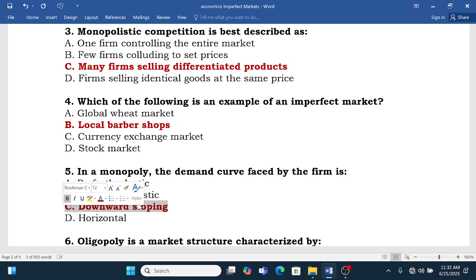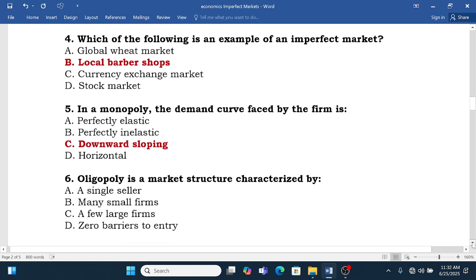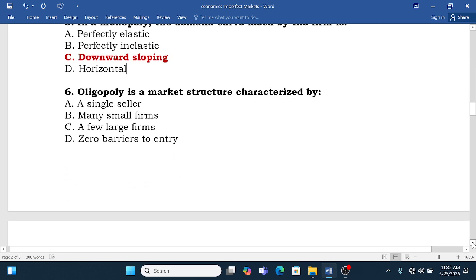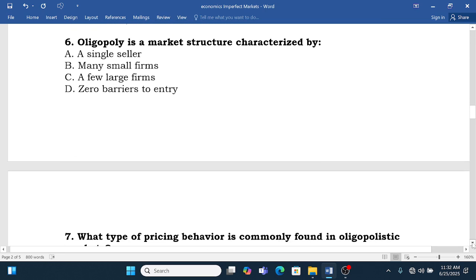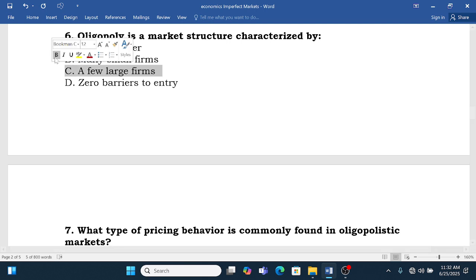We go to question number 6. Oligopoly is a market structure characterized by: A, a single seller; B, many small firms; C, a few larger firms; D, zero barriers to entry. The correct answer is C, where there are a few large firms.